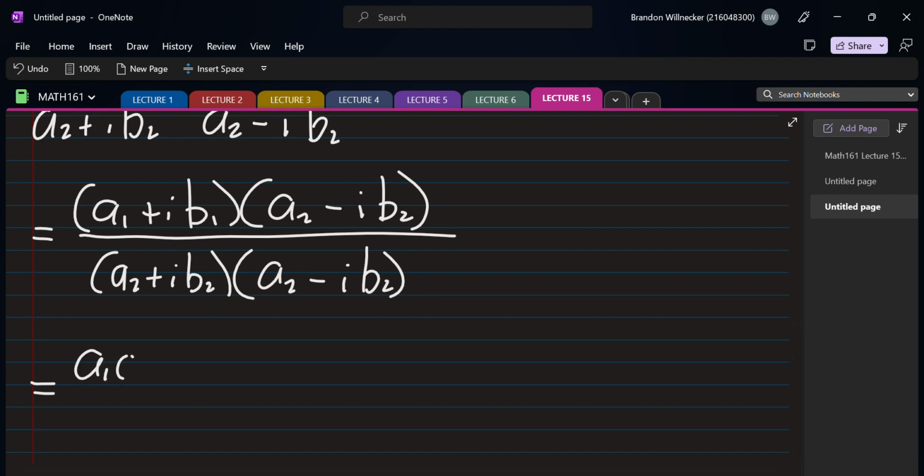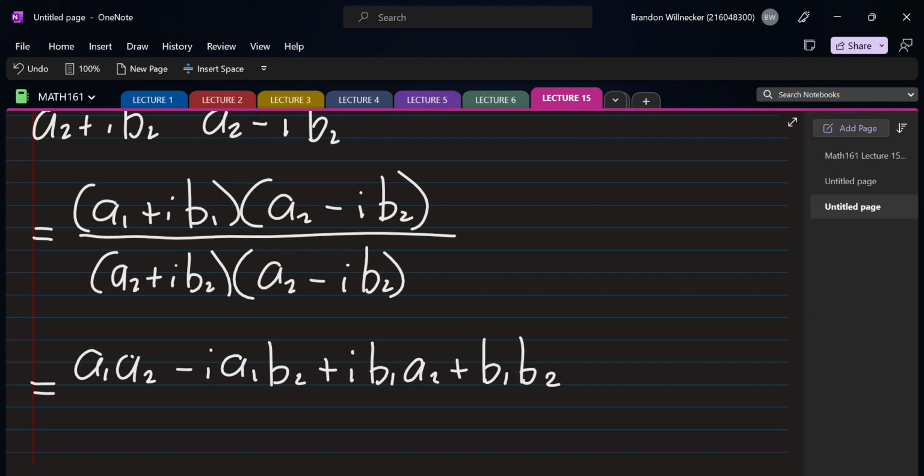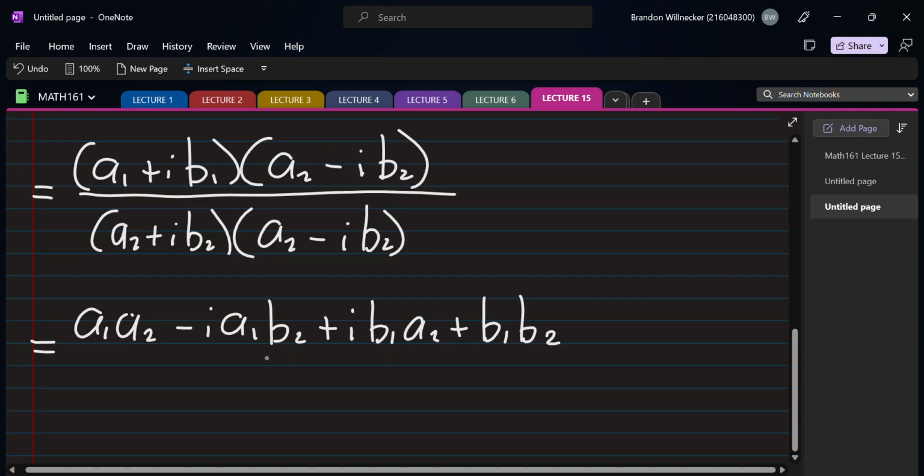So multiplying the top, we get a1 times a2, that's a1 a2, minus i a1 b2, plus i b1 a2, and then we end up with a minus i squared b1 b2, but remember, i squared is minus 1, so minus i squared will be plus 1. Okay, so please keep in mind that i squared is minus 1.